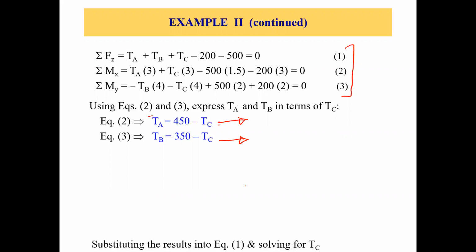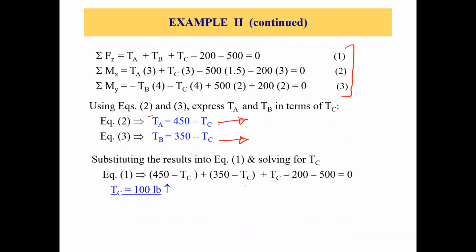And then if we substitute the values of TA and TB from here and here into equation 1, then we can solve for TC, right? So in equation 1, we put the value of TA here, we put the value of TB here, and this is already there in equation 1.